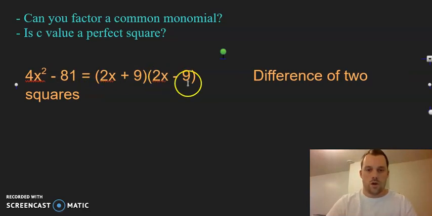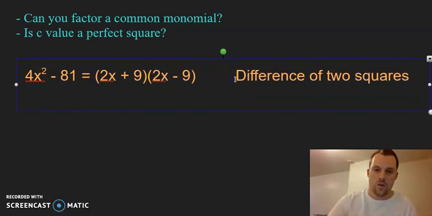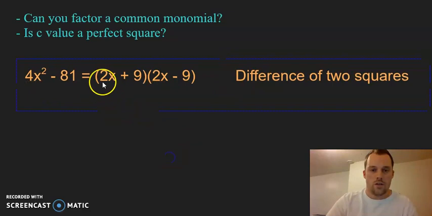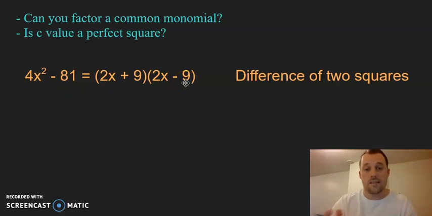So if we think about this example here, 2x times 2x is 4x squared. 2x times negative 9 would be negative 18x, and 9 times 2x would be a positive 18x. So we still end up with the middle term canceling out, so no b value, and then we still have our negative 81.